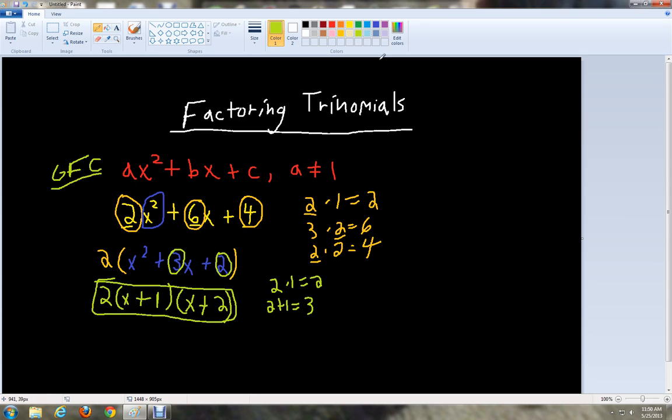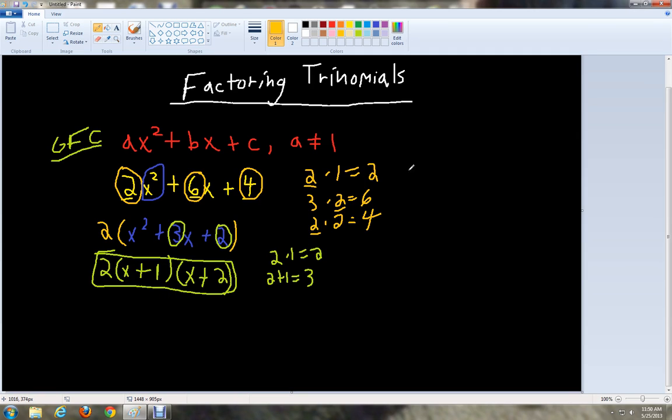So the next type that we're going to look at is one that doesn't have a GCF but requires a little bit different treatment to help us solve it. So in this problem we have 5x squared plus 8x minus 21.